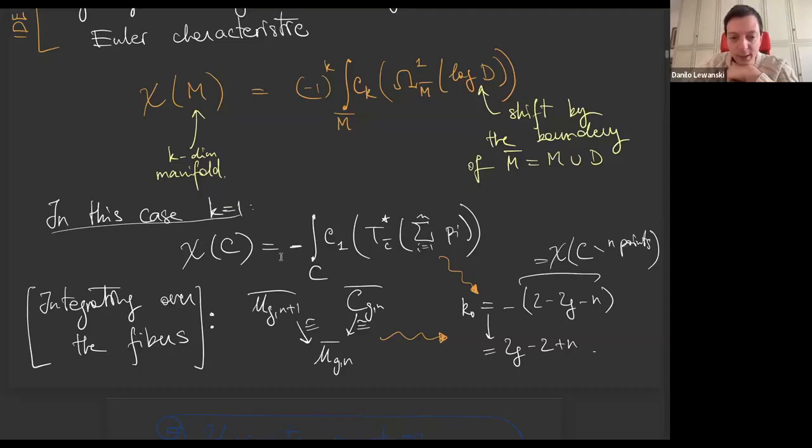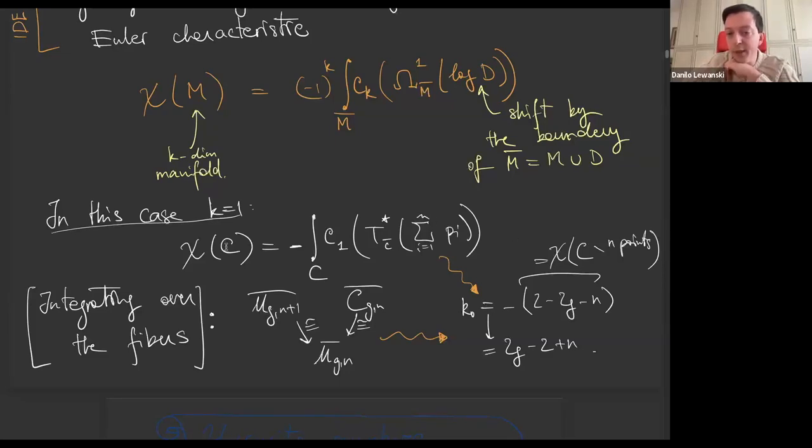Since, as we've seen, the universal curve over M_{g,n} bar is the same thing as M_{g,n+1} bar, it turns out that kappa 0 is the degree of this guy, because when you compute the first Chern class, you have the zeros minus the poles counted with multiplicity.